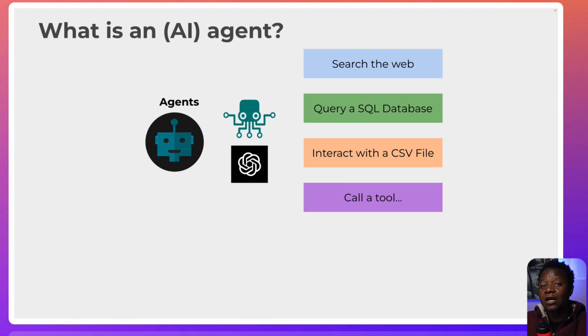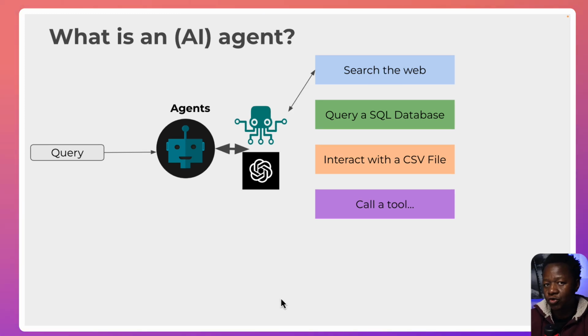But when it comes for us to be able to do more, to leverage the large language models, they need help, they need tools. So the tooling is what agents use to actually do all other things, to invoke tools to, for instance, search the web, query SQL databases, interact with different kinds of files such as CSV files, and many other things.